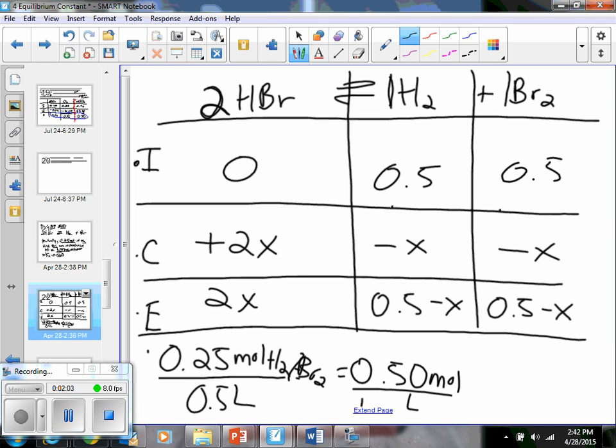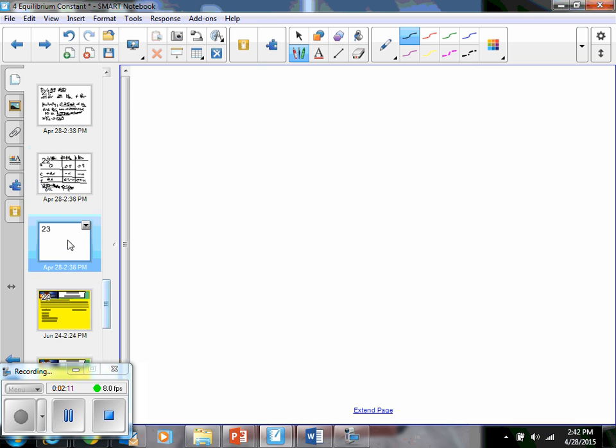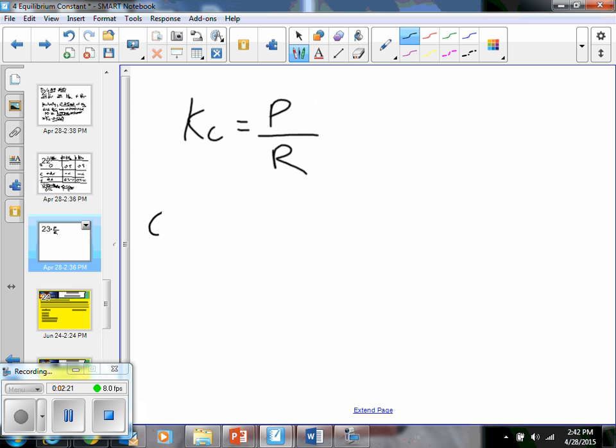And then I also know the Kc value. So if we set up the expression for Kc, remember Kc is products over reactants. The Kc value is 0.020.